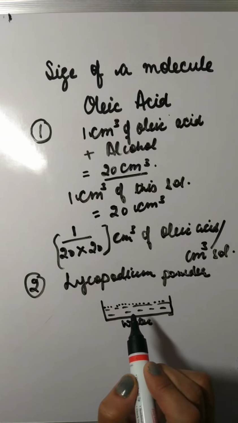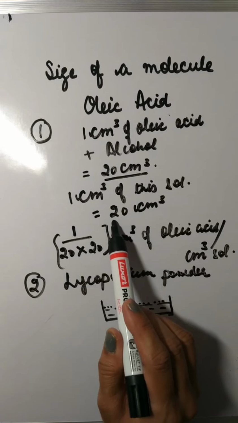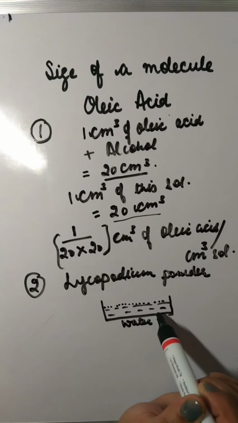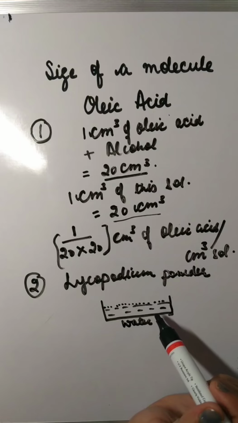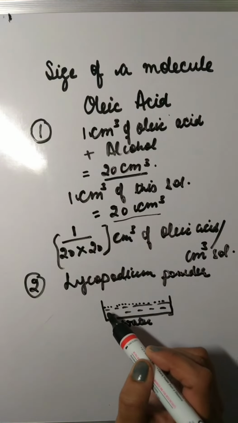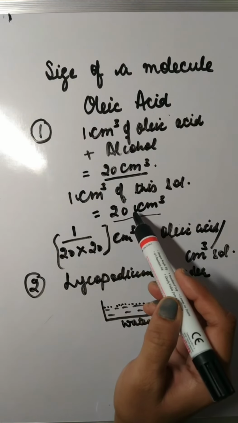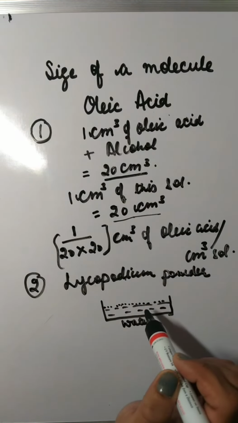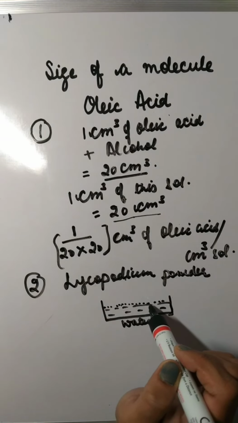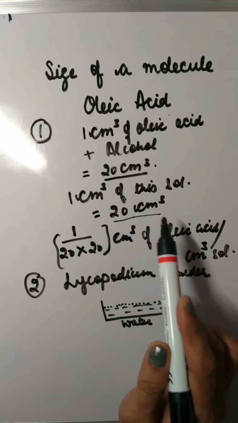Now why do we sprinkle lycopodium powder on the water surface? Because if we directly put this solution of oleic acid onto the water surface, it cannot be seen by naked eye because it's transparent. But if we sprinkle lycopodium powder first and then put this solution on the layer of lycopodium powder, this thin film becomes visible.